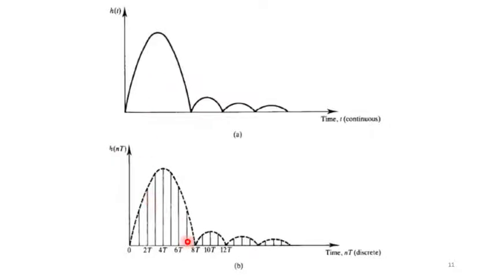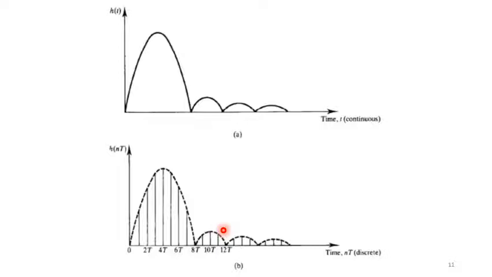I hope most of you are well familiar with this, because we have done these types of things while sampling continuous time signals. So you understand what issues arise here. The important issue is that we must have a sampling frequency which is at least twice the highest frequency component present in the signal, or the system response, to be sampled.